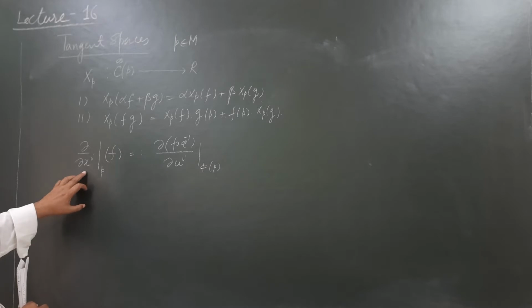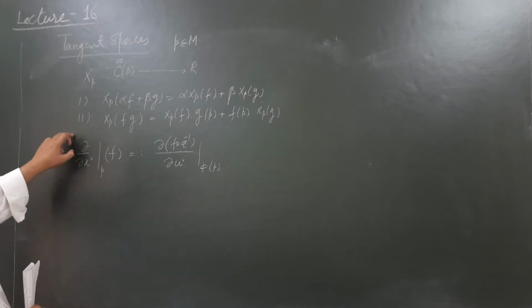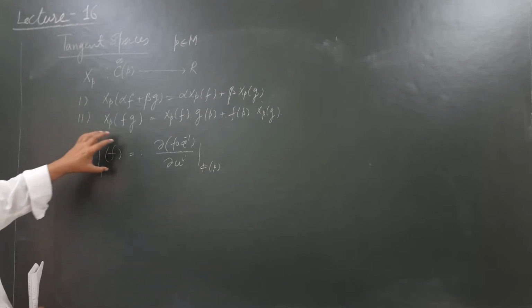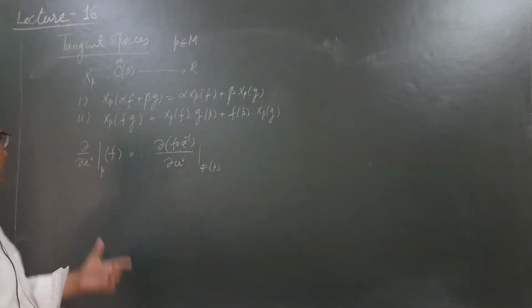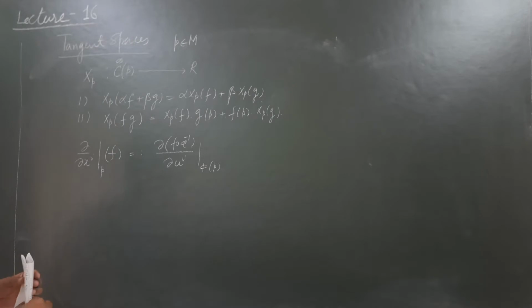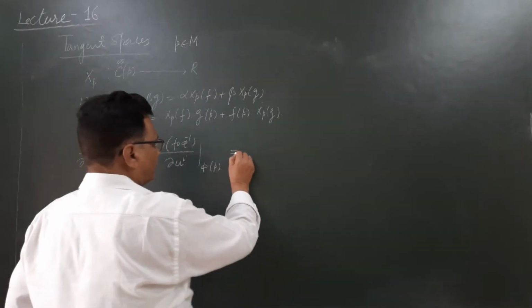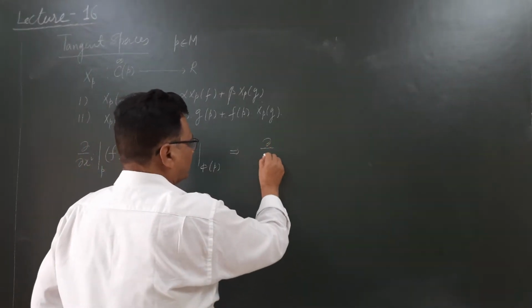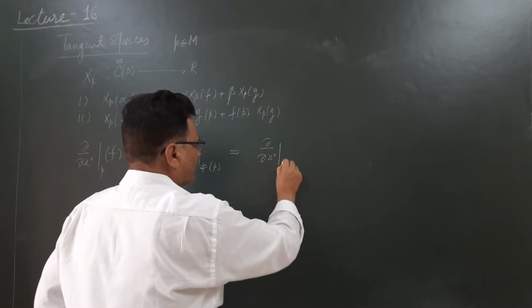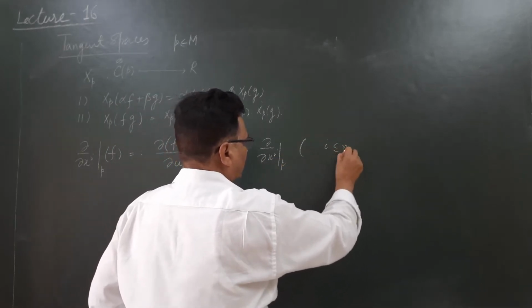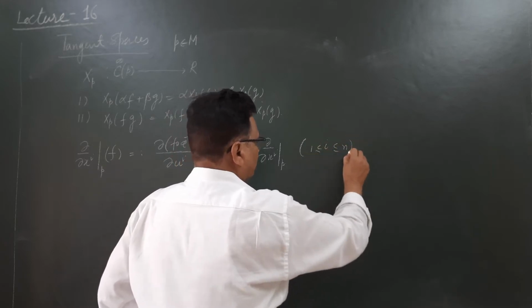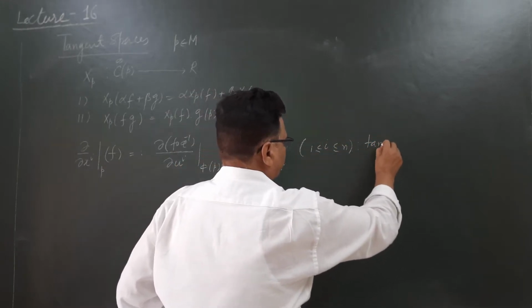One can check that this satisfies properties 1 and 2. It is a map on the space of functions and gives you a real number on the right side, and therefore it is a tangent vector. So from here it followed that del upon del xi at P, for all i lying between 1 and n, is a tangent vector at P.